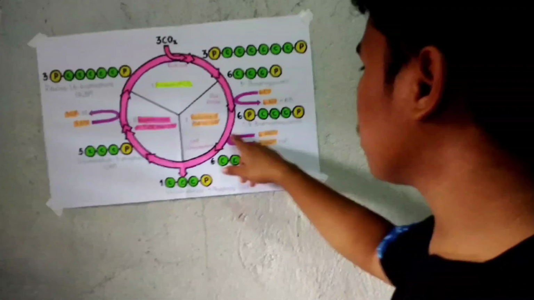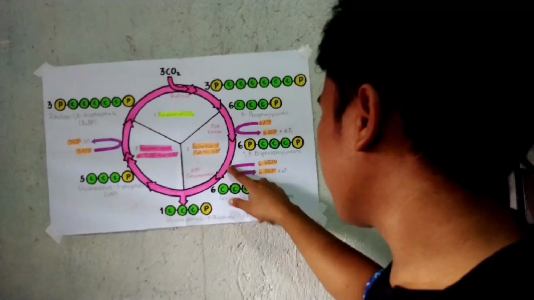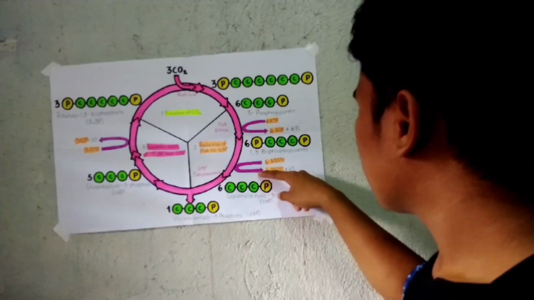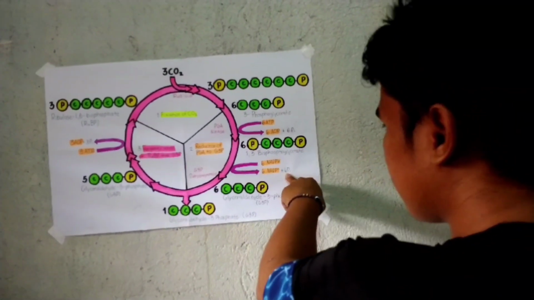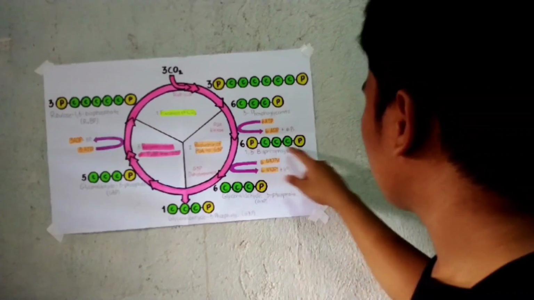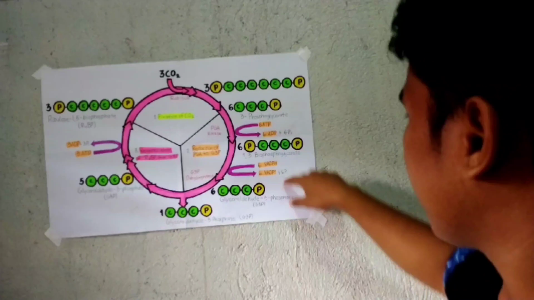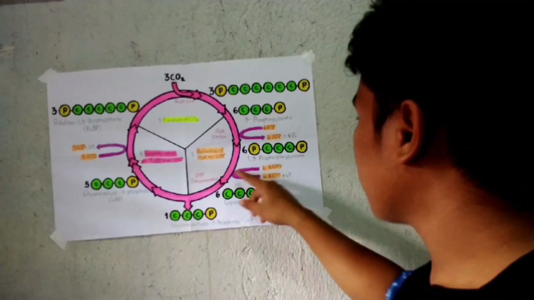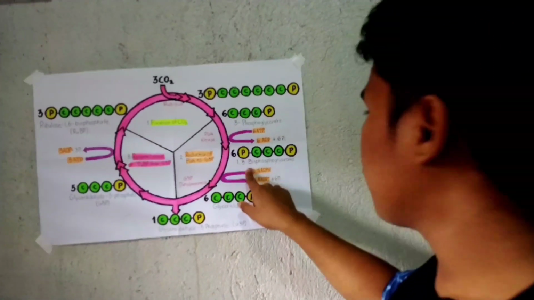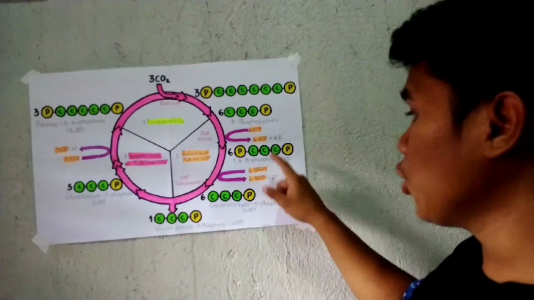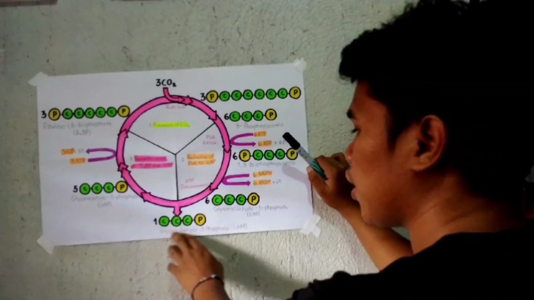When NADPH enters the process, its hydrogen will be removed together with its phosphate, so one of its phosphates will be removed. As NADPH enters the process, it gives its 2 electrons to 1,3-bisphosphoglycerate in order to turn it into G3P, or glyceraldehyde 3-phosphate.